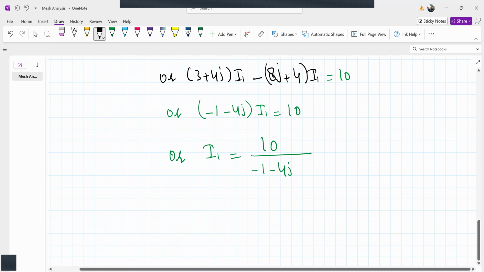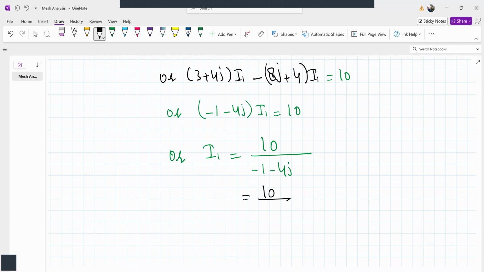Okay. All right. Let's convert this into the phasor form now. What is the phasor equivalent of minus 1 minus 4j? It can be simply written as the square root of 1 square plus 4 square, which is 17, so 4.123 at an angle of, now this lies in the third quadrant.